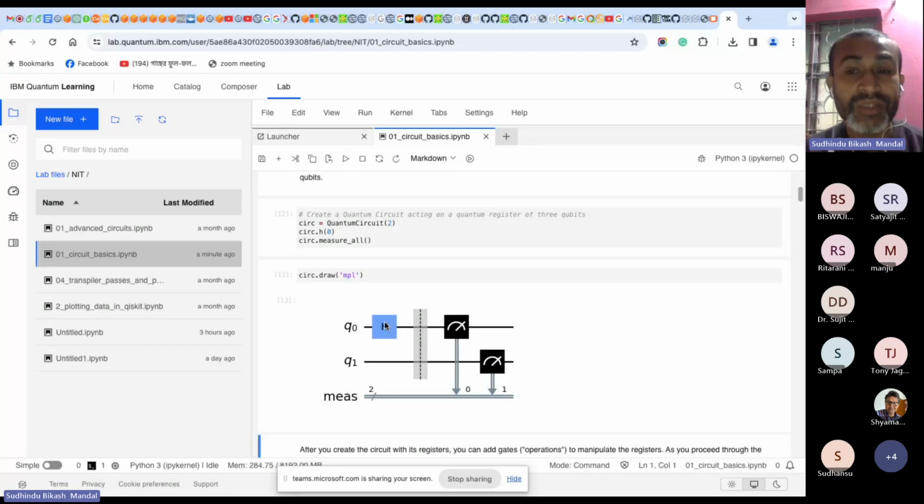Suppose you want to do 1000 shots, then again you need to prepare this state and shoot again, prepare again and shoot again.